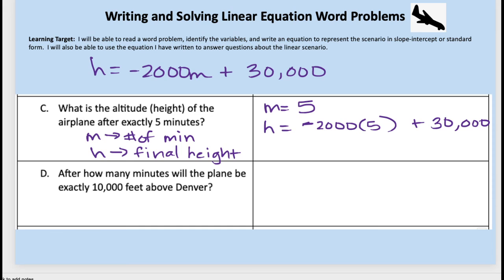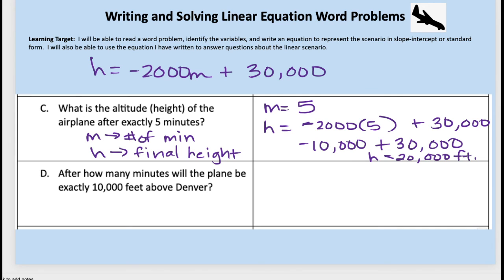Negative 2,000 times 5 is negative 10,000. And negative 10,000 plus 30,000 is equal to 20,000 feet. So that means that after 5 minutes of descending, the airplane will be at a height of 20,000 feet.